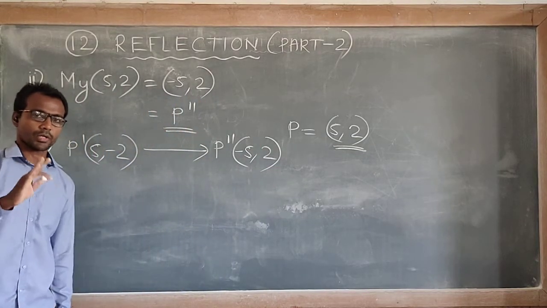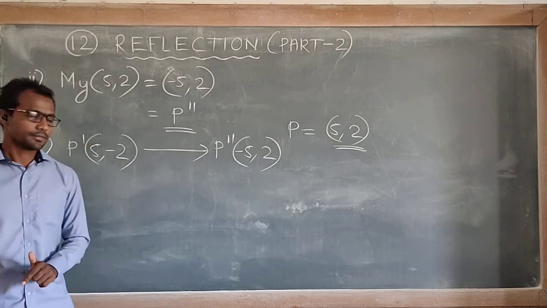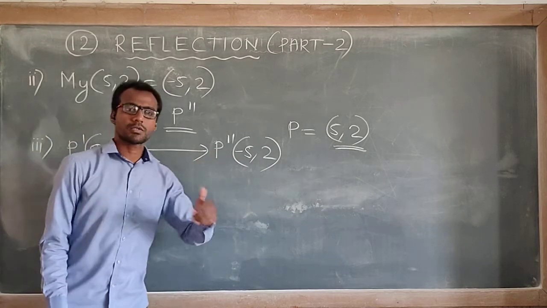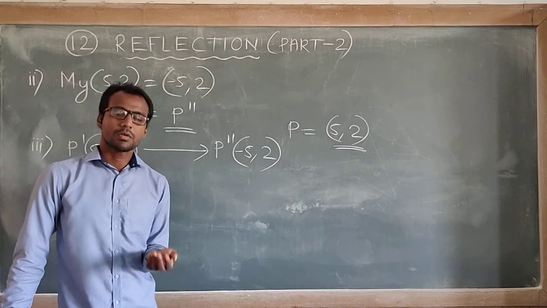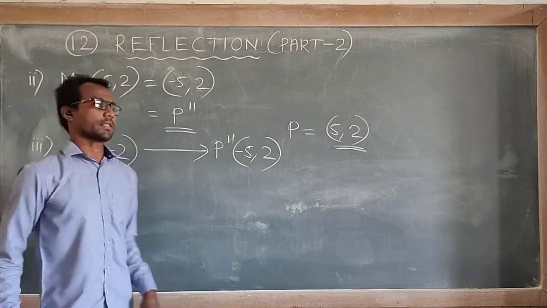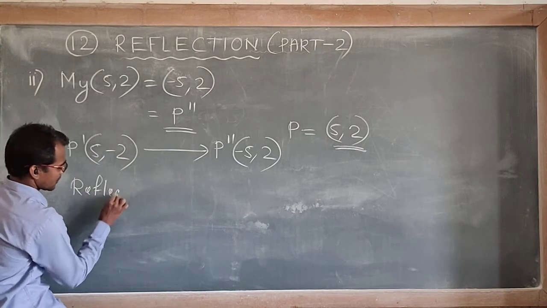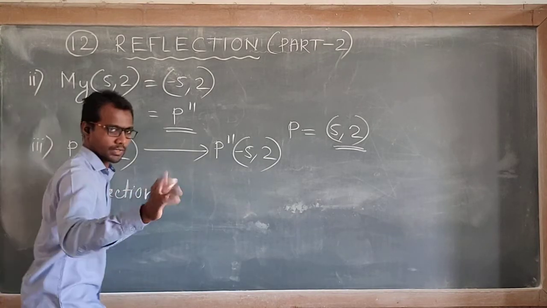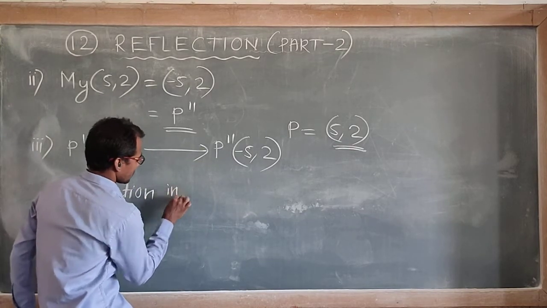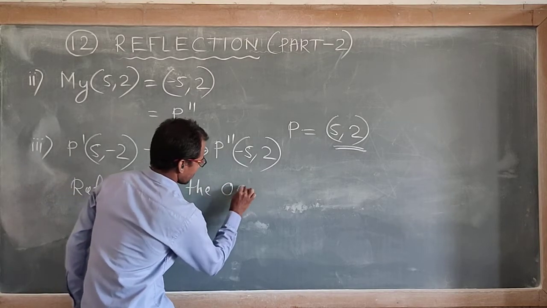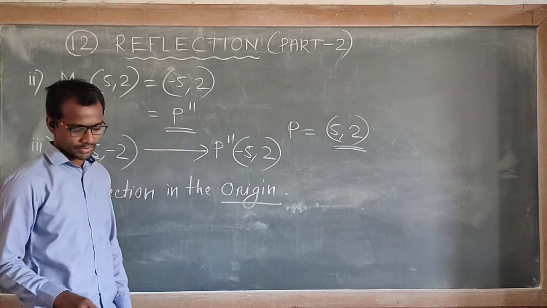So what change has occurred? 5 has become minus 5, so the x-coordinate has changed. Minus 2 has become plus 2, so the y-coordinate has also changed. That means both coordinates have changed, so it is reflection in the origin, because both of the coordinates change.